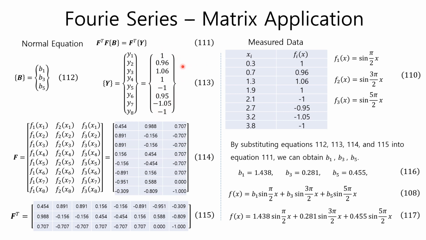By substituting equations 112 to 115 into the normal equation 111 and solving the equation using Gauss-Jordan elimination, the coefficients b1, b3 and b5 of the Fourier series can be obtained as in equation 116. By substituting these coefficients into equation 108 above, we can obtain Fourier series equation 117 and our final goal is achieved.